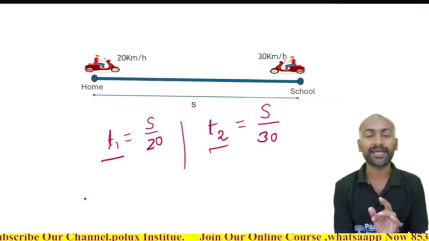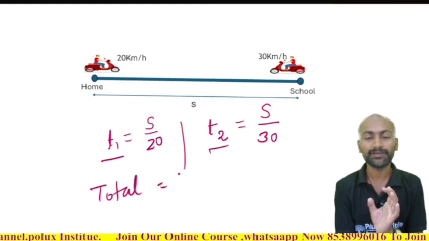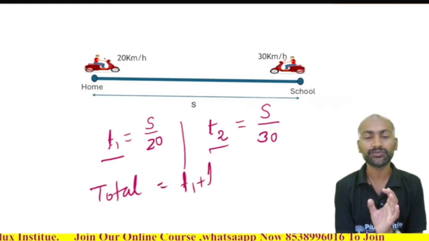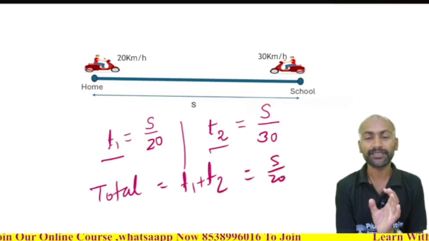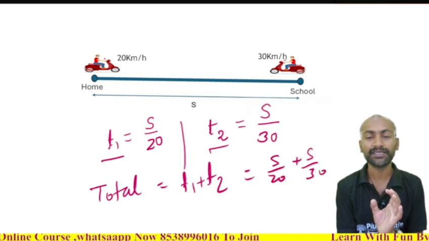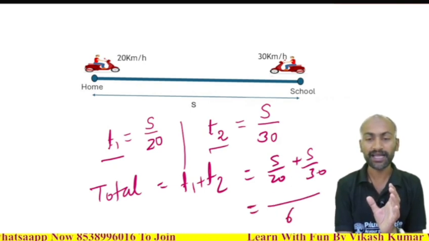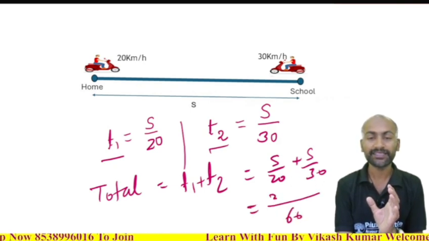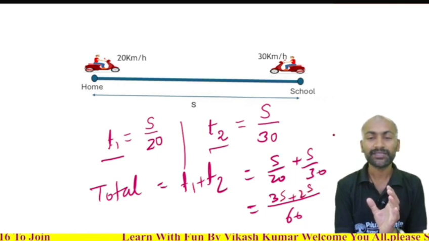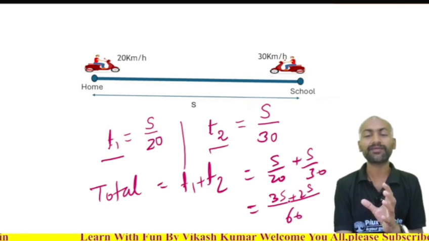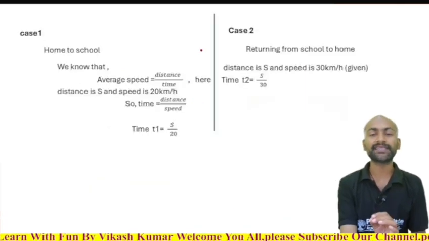So the total time will be T1 plus T2, and this can be written as S by 20 plus S by 30. If you take the LCM, 60 is the LCM, and here you will get 3S plus 2S, and the total time will make 5S by 60 hour. Now let's move to case number 2.